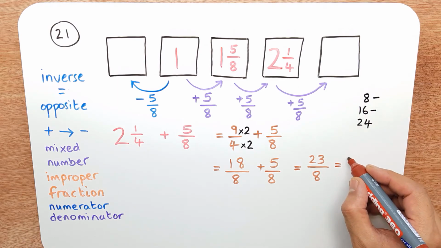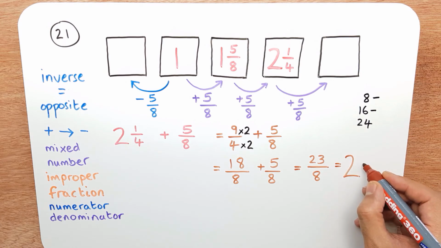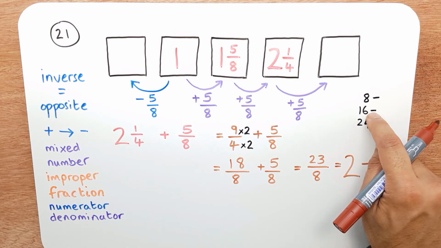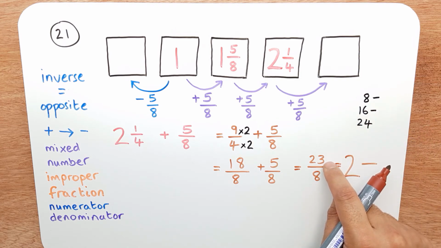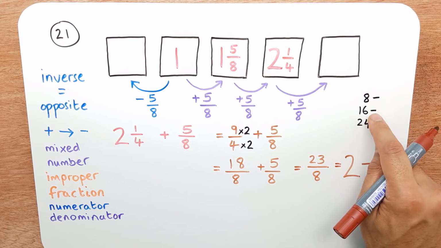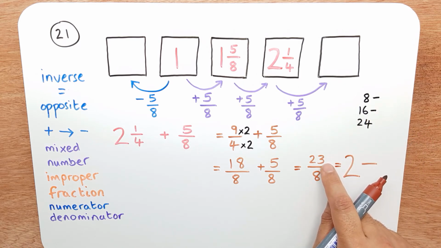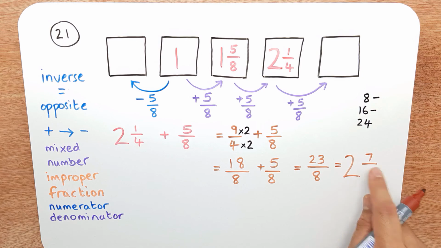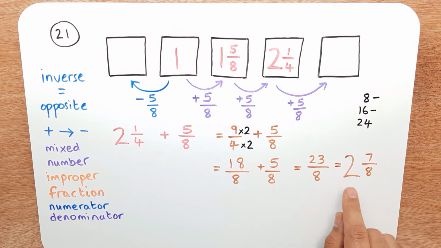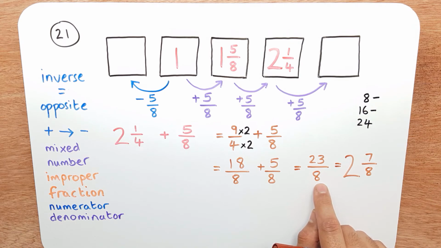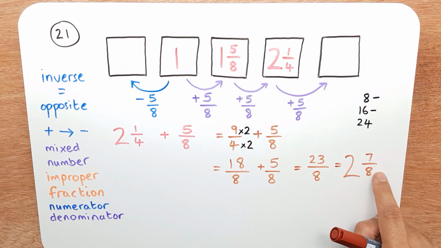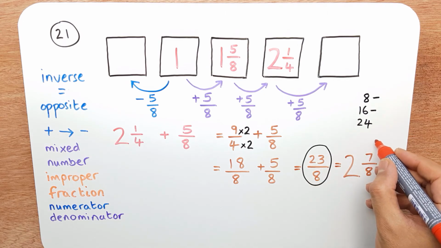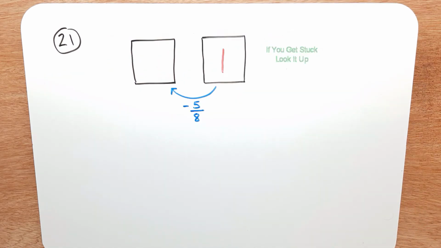So what I do, carefully I put a big 2 and a fraction line. Now I've used 16 and I've got 23. So how many have I got left over? So if I count from 16 up to 23, I end up with 7. And this 8 goes at the bottom as the denominator. So my answer is 23/8 or 2 7/8. And remember, you can leave your answer like this or turn it into a mixed number.